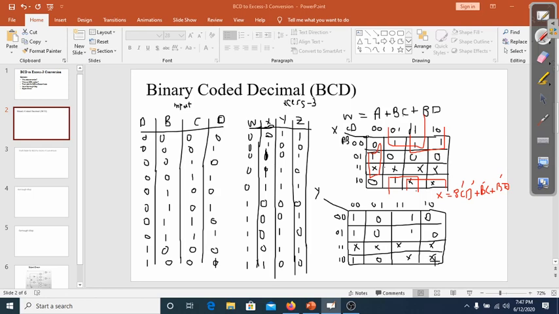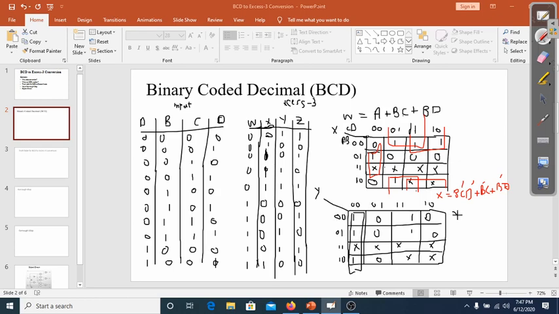So now we can see that this complete column, these four boxes are adjacent, so I can simplify. By simplifying this column, I will get C prime D prime.